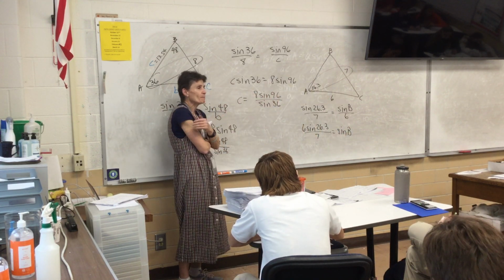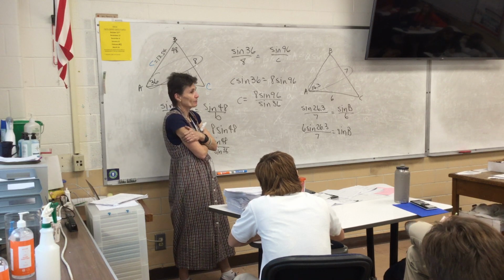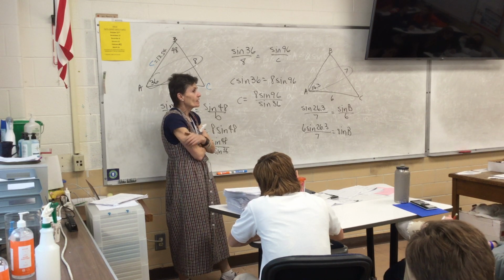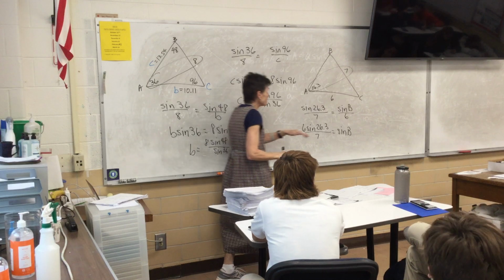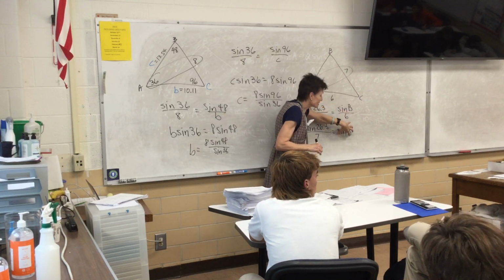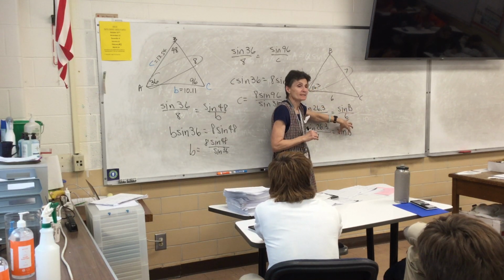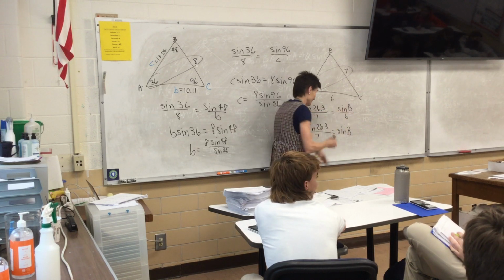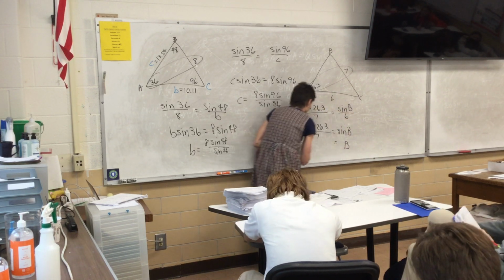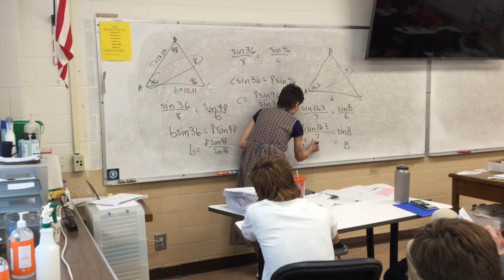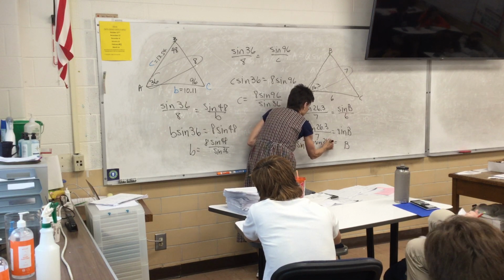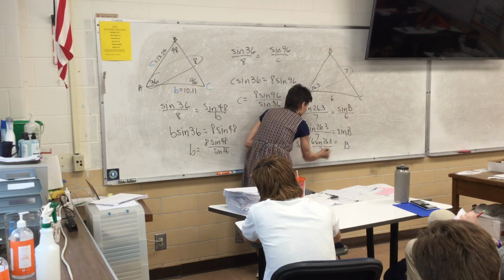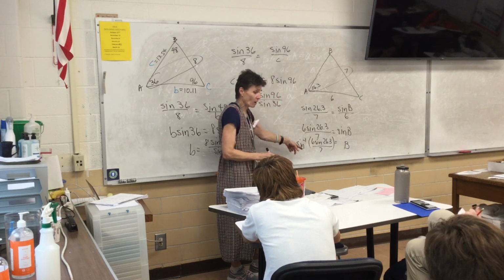How do I type this into my calculator? Inverse sine. Exactly. Guys, this is not separable. You cannot separate these two unless you inverse sine. That is the only way to find that angle. You're going to have to inverse sine this big fraction.